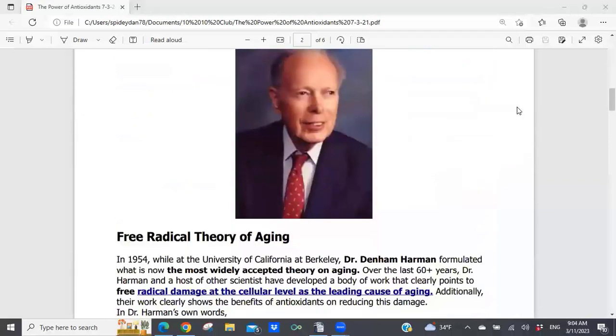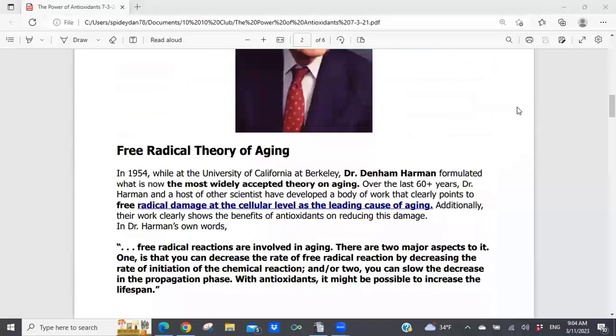Now, in 1954, Dr. Denham Harman proposed this theory called free radical theory of aging. Now, since that time, when he proposed it, this has become the key issue in the aging process.